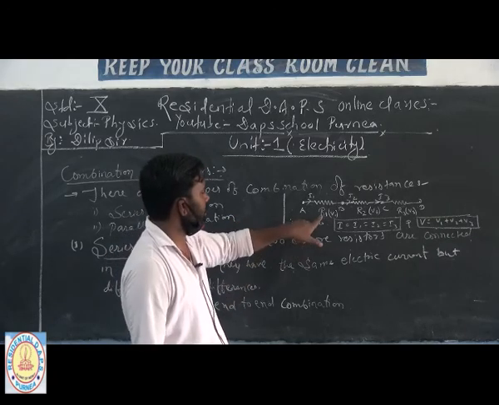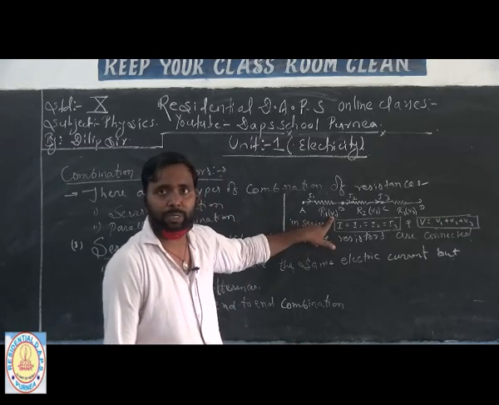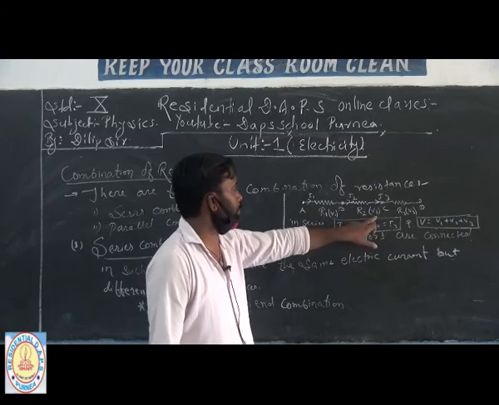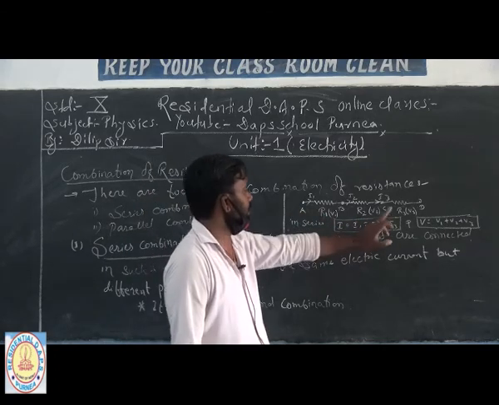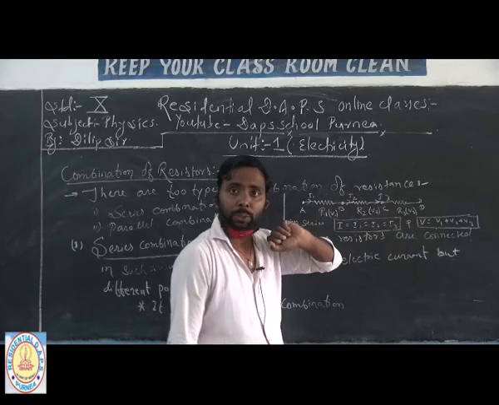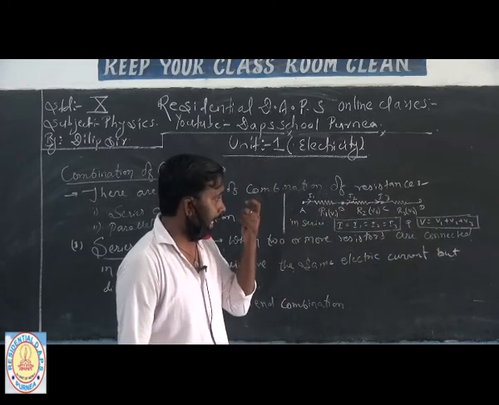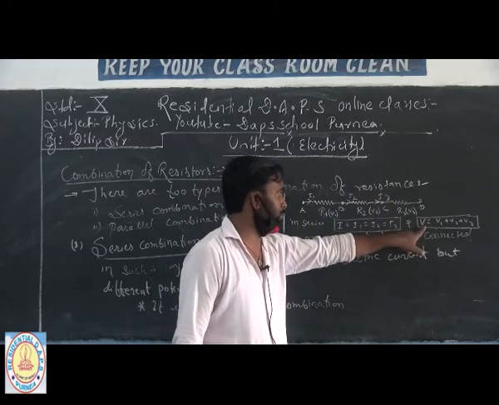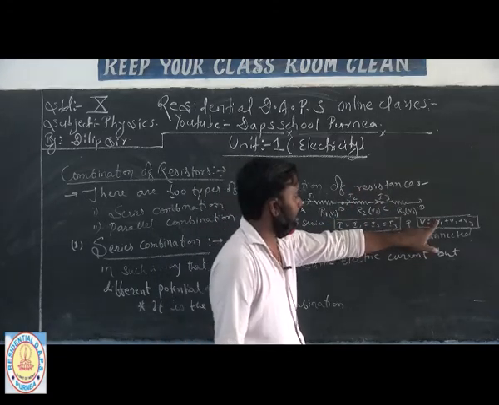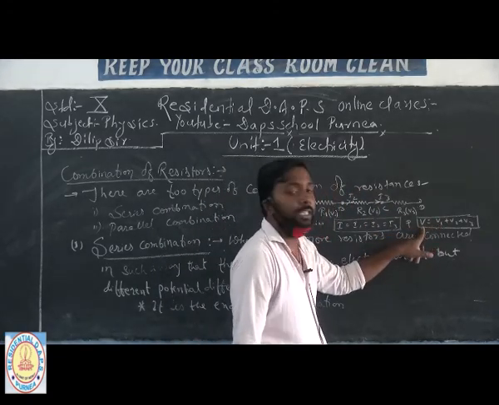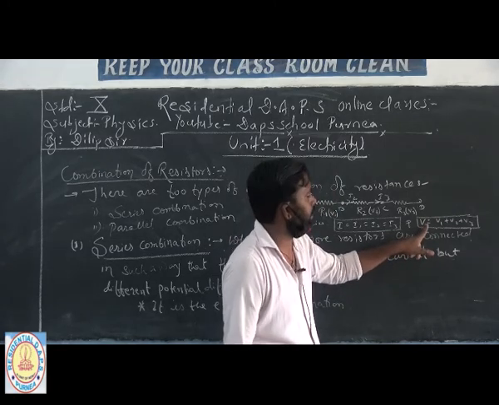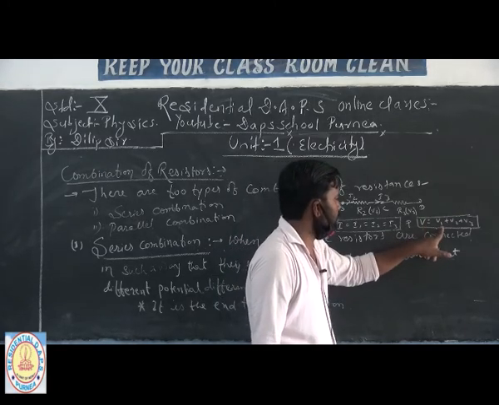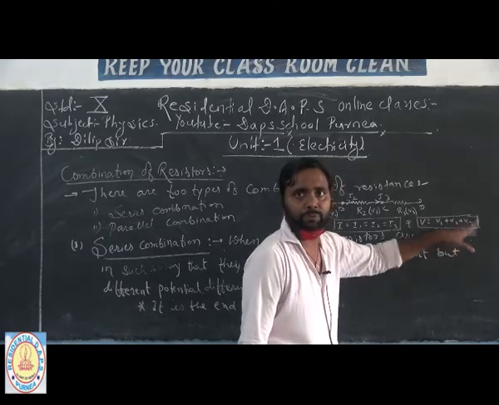Resistance R1 has potential difference V1, R2 has V2, R3 has V3. The total potential difference across the circuit is V, the sum of the individuals: V equals V1 plus V2 plus V3.